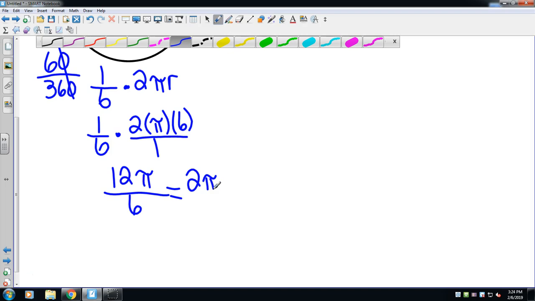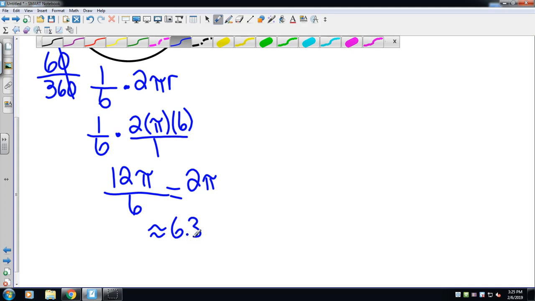And so I'm going to pull out my calculator here. And since it's got a nice pi button on it, I'm just going to take 2 and then hit the pi button. And that's going to give me approximately, and they'll probably ask you to round to the nearest tenth, so that would be 6.3.